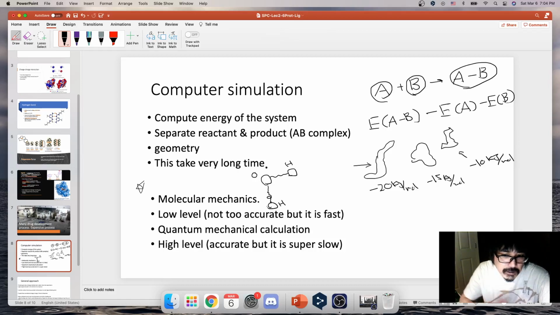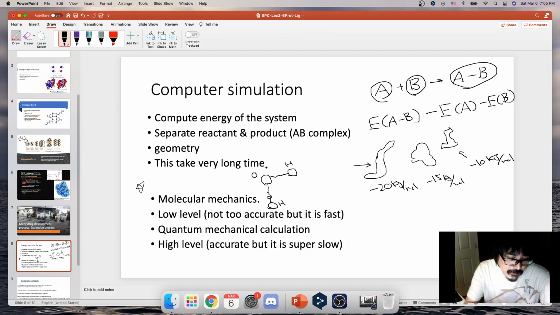There is nothing quantum mechanical about molecular mechanics, and because of that, it's super fast, and you can calculate large molecules, but it's not accurate. And quantum mechanical calculations calculate the wave function, or maybe the densities, if you choose to work with density functional theories.